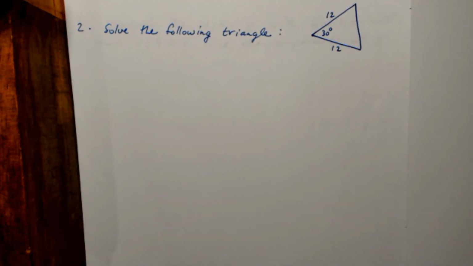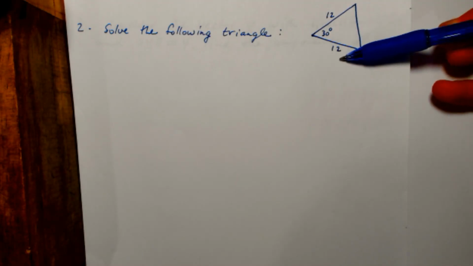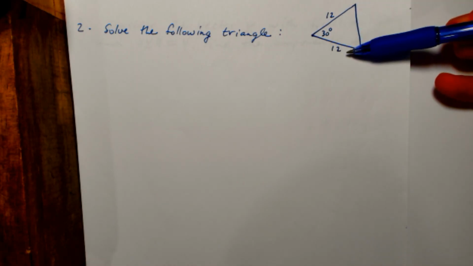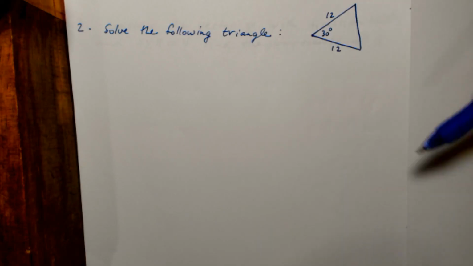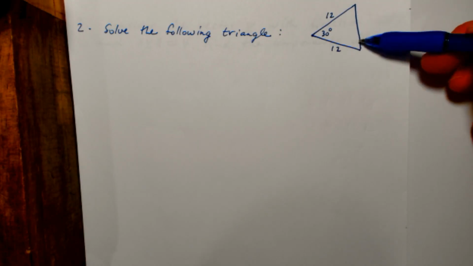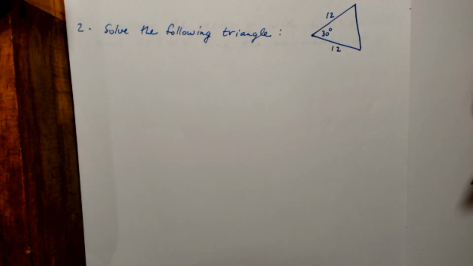Next question, solve the following triangle. Okay, so on these two sides here, we've got length 12 units, and we've got 30 degrees, and we've got to find this side, and we need to find these interior angles here.